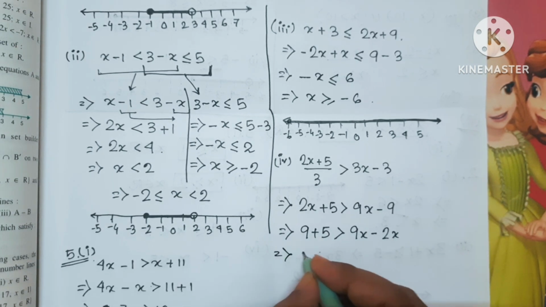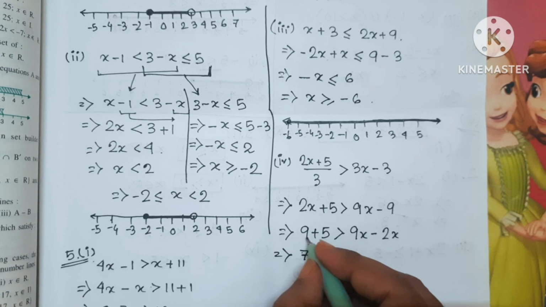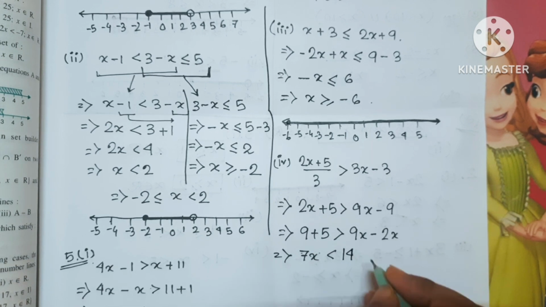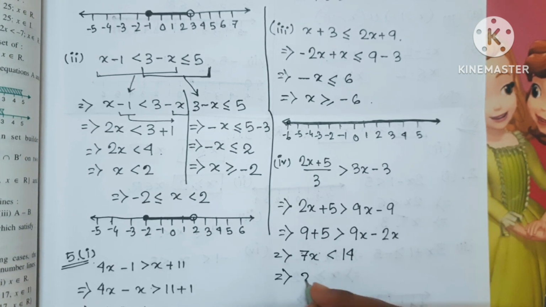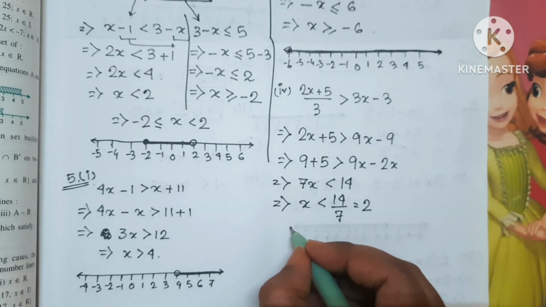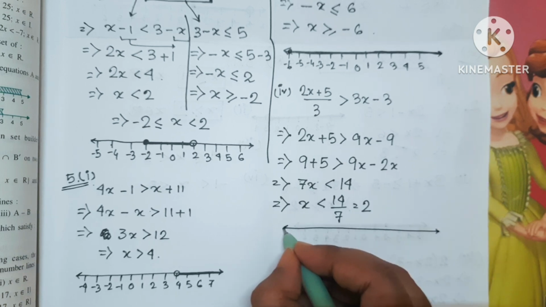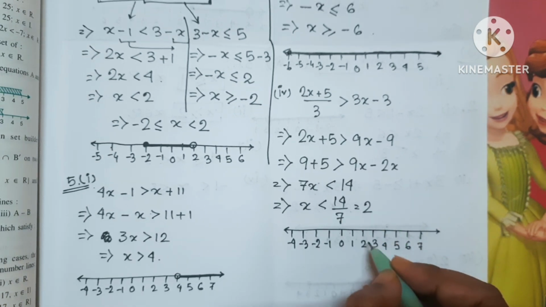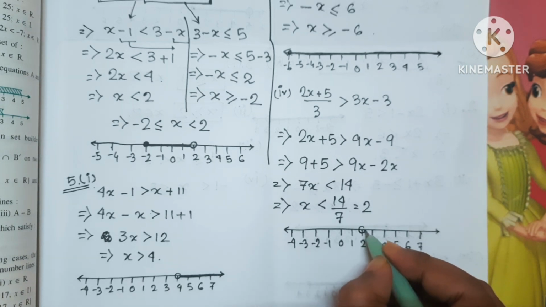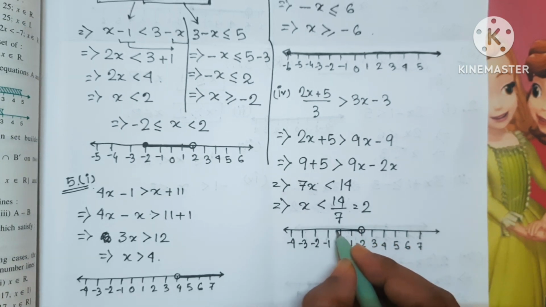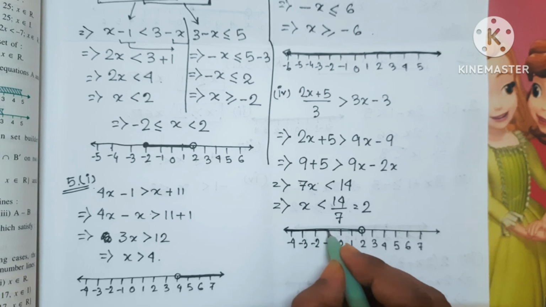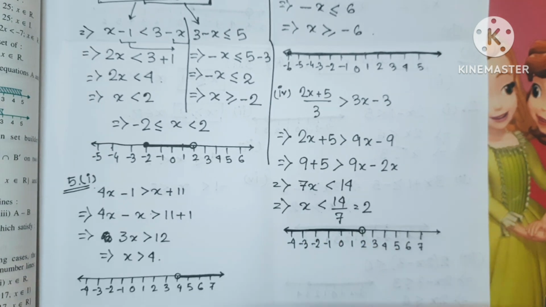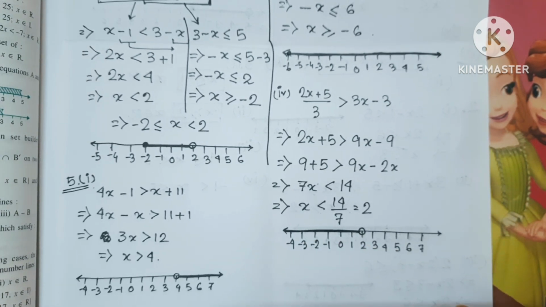Okay, that implies 7x that is less than 9 plus 5, that will be 14. So x is less than 14 by 7, that will be 2. So x is less than 2, that means if you draw the line, x equal to 2 means that point, less than, so hollow circle, and less than portion, that means this part. Okay, so this part will be the answer.